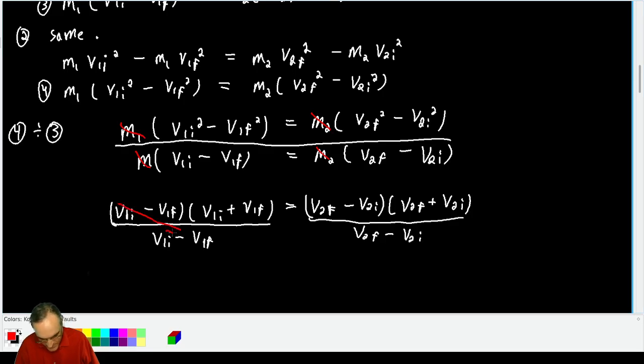You notice the subtraction terms cancel. We get equation number 5, the one we need, which says v1 initial plus v1 final equals v2 initial plus v2 final.